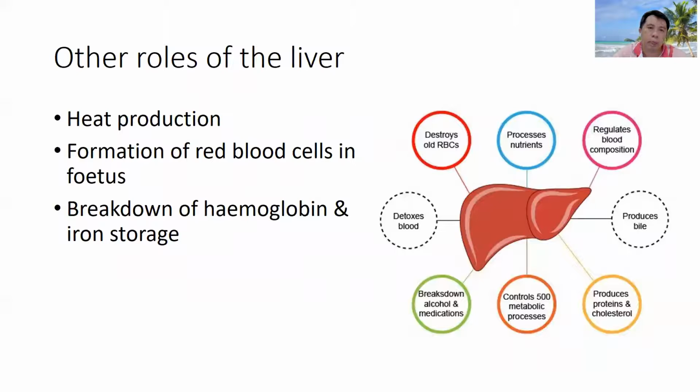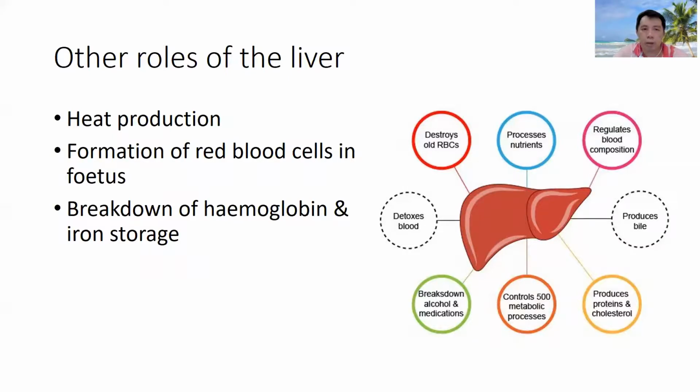Then another role of the liver is heat production, because the liver acts as a blood reservoir, and it also has a high rate of metabolism. So catabolism, especially, produces heat.